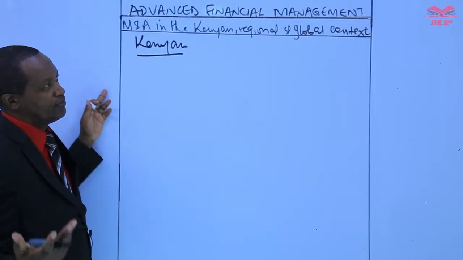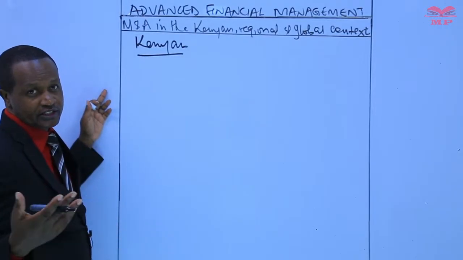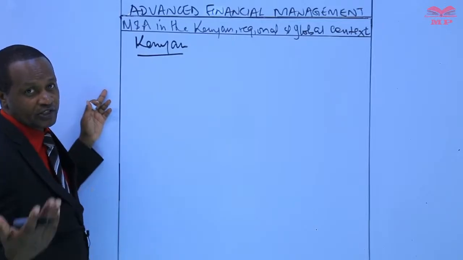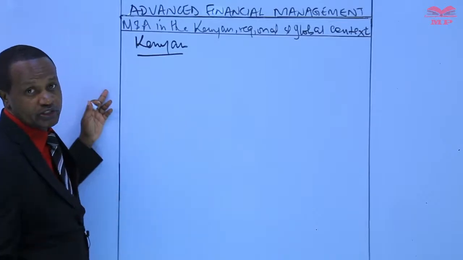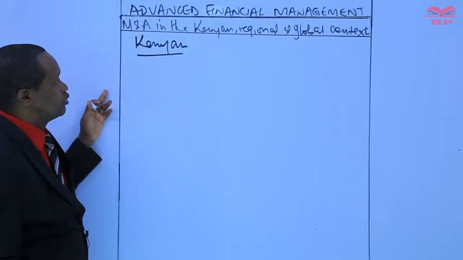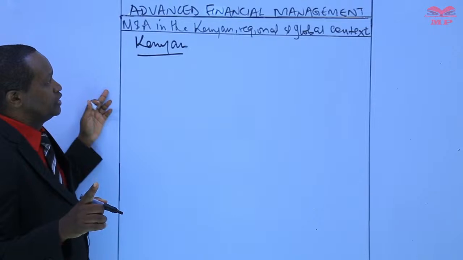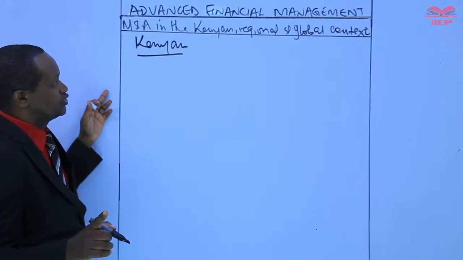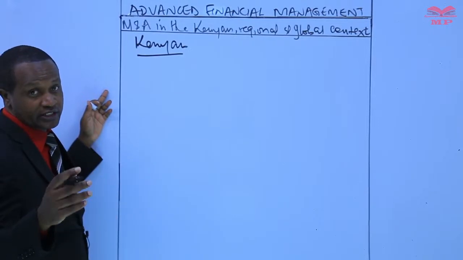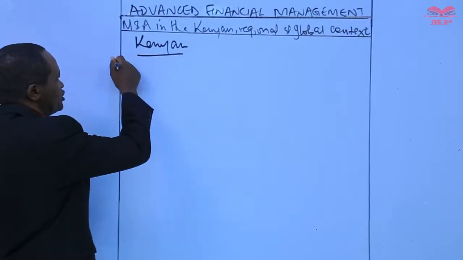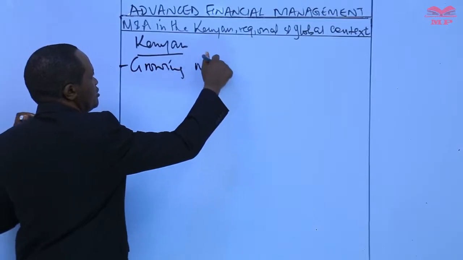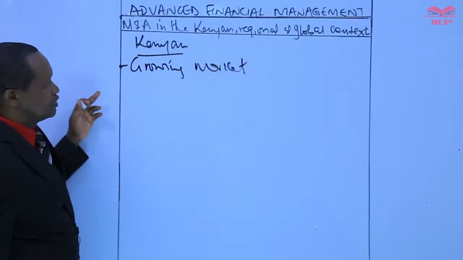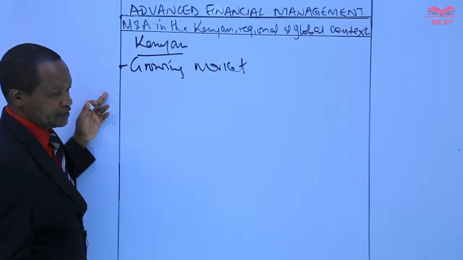We've seen banks merging, that is the finance sector. We have telecommunications, we have areas to do with consumer goods and so on. So one reason for mergers and acquisitions in the Kenyan context is a growing market, growth in the general market.